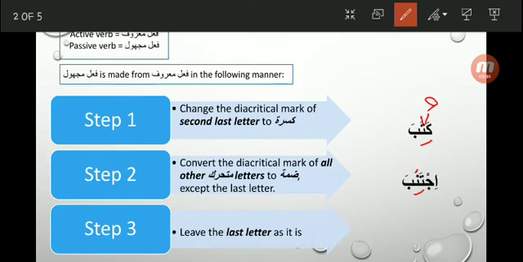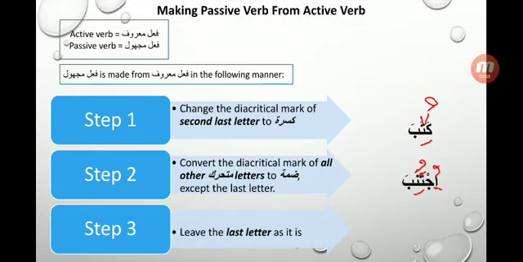We have two mutaharrik letters except the last letter, one is ta, so we'll change it to zamma. And then we have alif, so we'll change it to zamma as well. We leave the last letter as it is. So from ijtanaba it will become ujutuniba. Okay, so this is how fi'l majhul is made in the fi'l mazi.